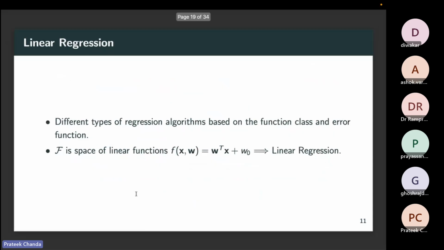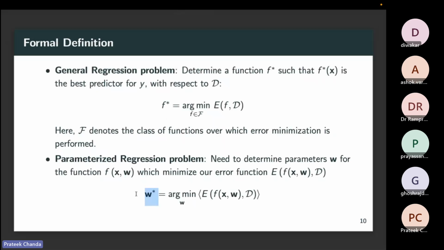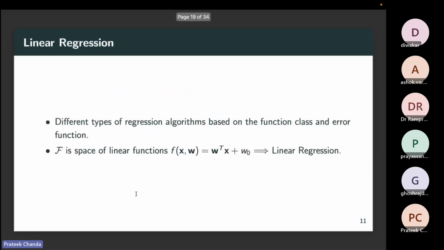model parameters. So in the case of linear regression, we discussed generalized regression, which is not linear regression but a generalized version of it. Now we come to linear regression, where this function f can be only linear functions. It cannot be any quadratic function or something.